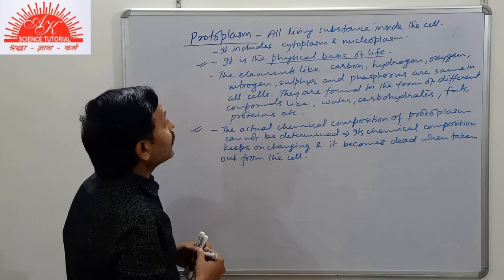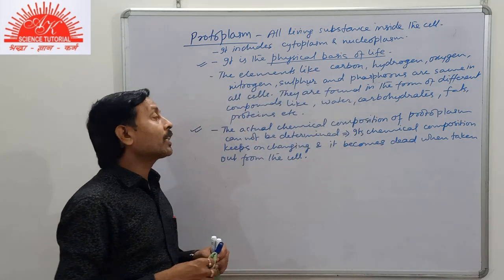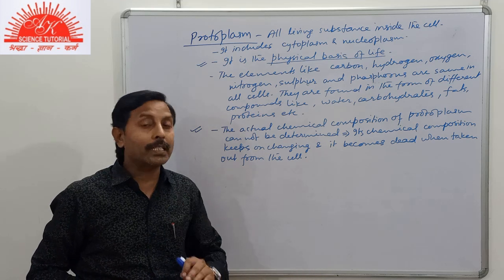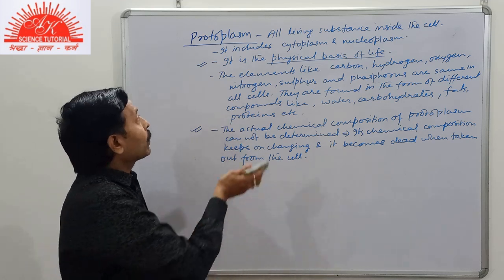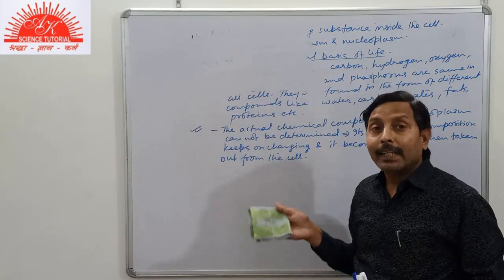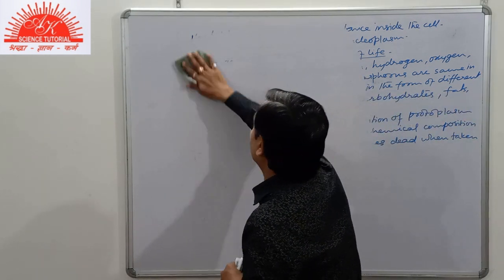So although it is a physical basis of life, it has no fixed chemical composition. There is gradual, constant change taking place, and if it is taken out from the cell, it will become dead. So it cannot have a fixed chemical composition.